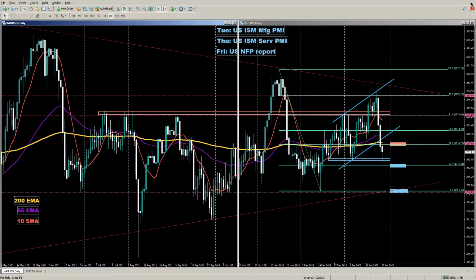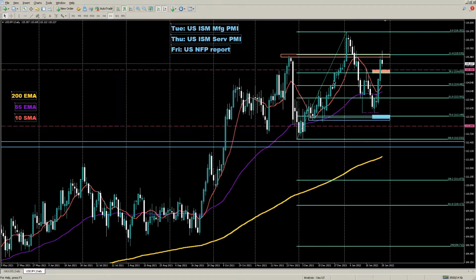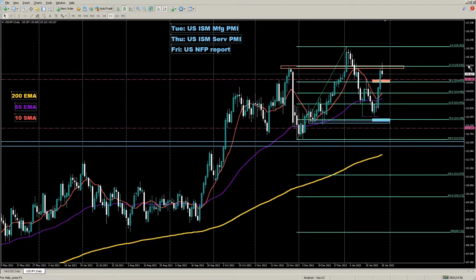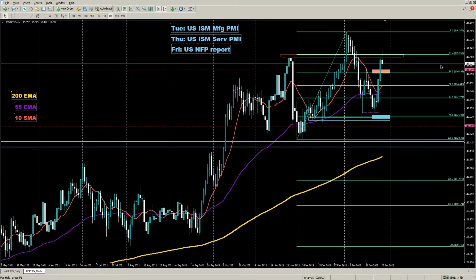Let's move on to dollar yen, where, as you would expect, the dollar yen has also pushed up higher from the Wednesday and reached the resistance zone that we had identified, right at the 21 fib retracement area. We'll see if it's going to go back up higher.